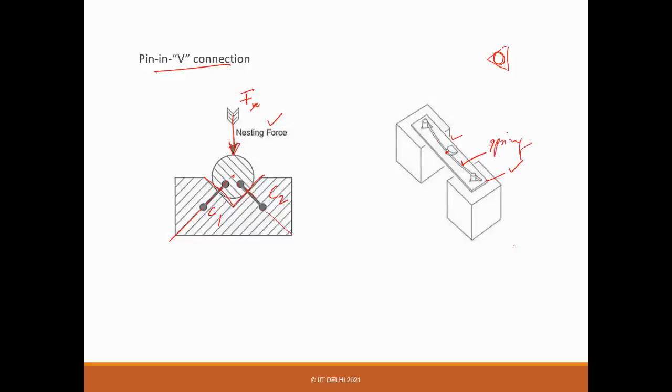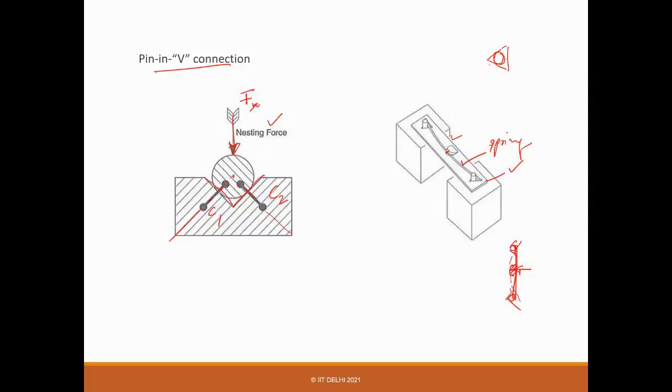Initially it's like this, resting on those two bars and the two pins, and those two pins are on the V. Now you push it, so it takes this shape, and then here you have a stopper kind of thing, a notch, so it stops.